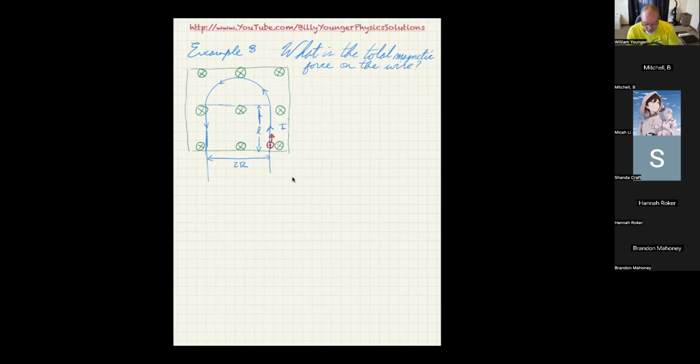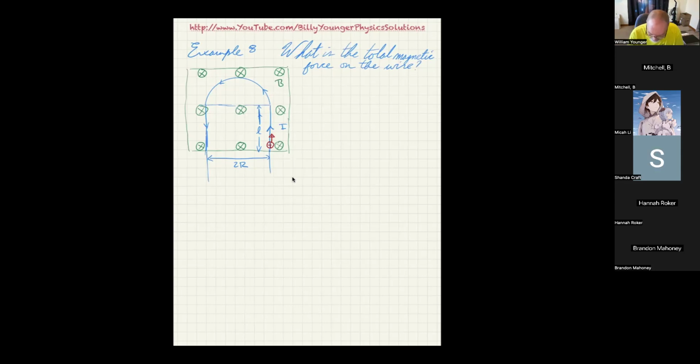The idea is on the right-hand side, this blue wire has a current going up. So we can pretend that's covered by little positive charges going up on the right-hand side. That means we need to use that Q and that V and the direction of the magnetic field, which by the way has a magnitude of just B. I need to use that to figure out which direction the force is acting on that straight part of the wire on the right.